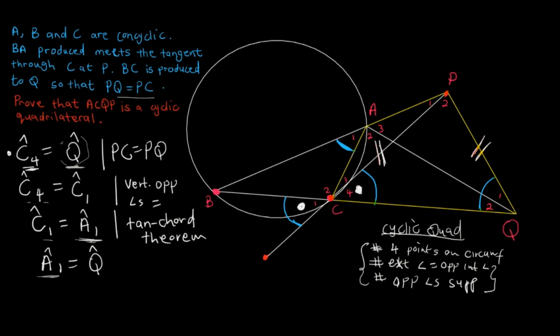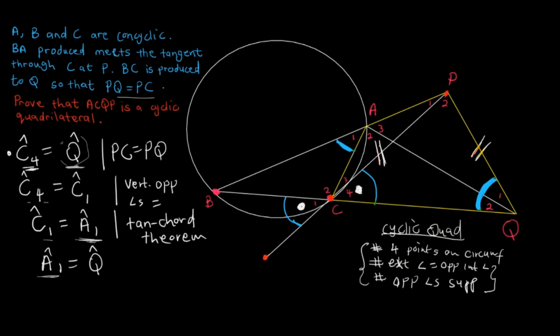It's equal to this Q here, and I'm sure you can see that one of the properties of a cyclic quad appears here, as I've indicated with the yellow line. This looks like a cyclic quad, right? I'm not going to say it's a cyclic quad yet. So the fact that we got that angle that is outside being equal to the angle that is inside, it tells you that this is a cyclic quad, right?